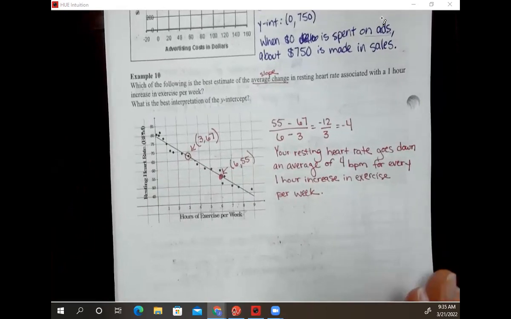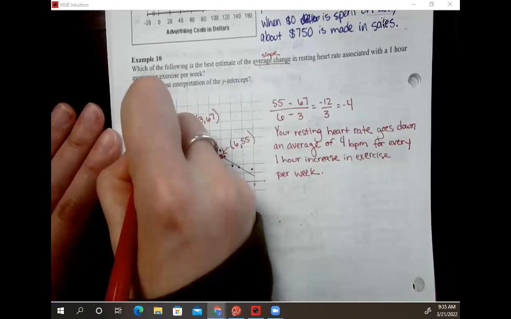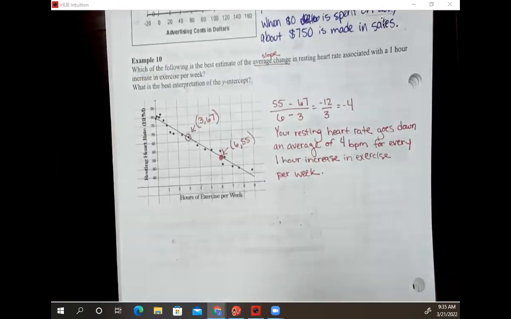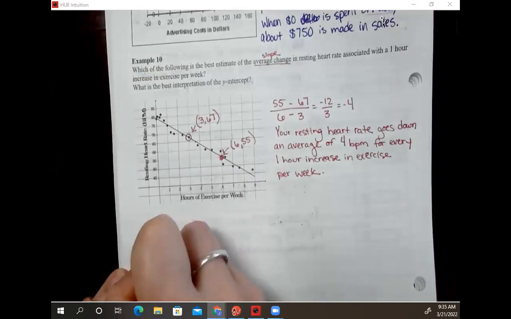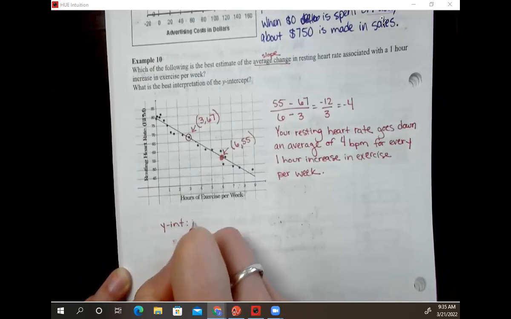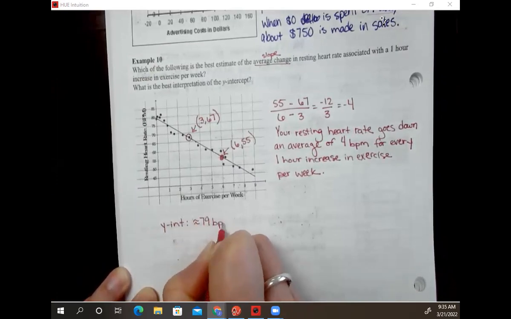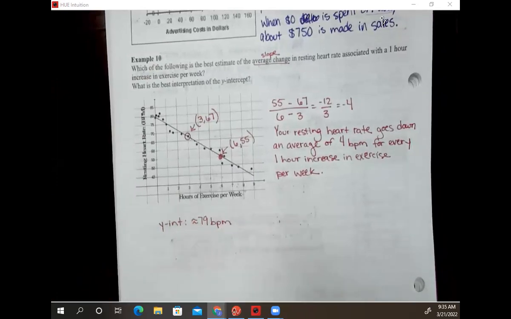Okay, and then the other part it wants me to interpret here is the y-intercept. So my y-intercept is here, just under 80. Okay, so my y-intercept, usually when I interpret, I like to jot down what it is first. I'm going to say that it's about 79 beats per minute. It's just under 80.